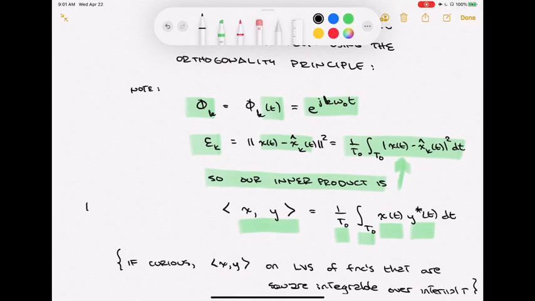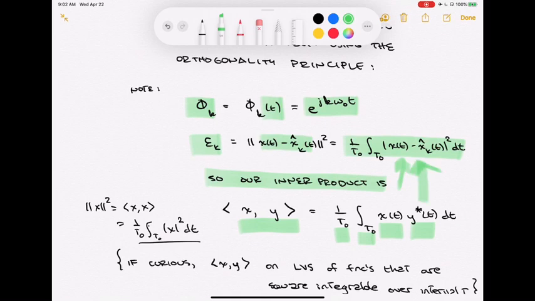The norm of x squared is just the inner product of x with itself, and we just adopted this as 1 over T naught integral over T naught of x times x conjugate. Well, that's just the size of x squared dt. That's the power of x. That's exactly like we saw. So we went through it a little backwards, but we can construct an inner product that is consistent with this power idea, which is the thing we're trying to minimize.